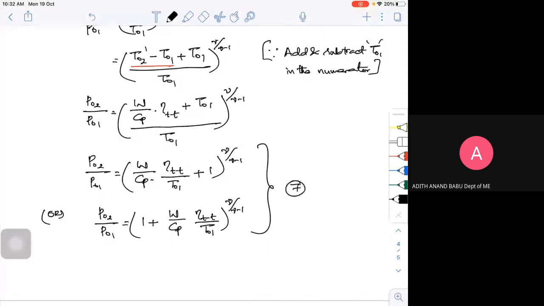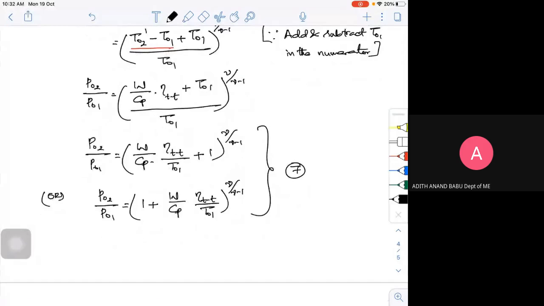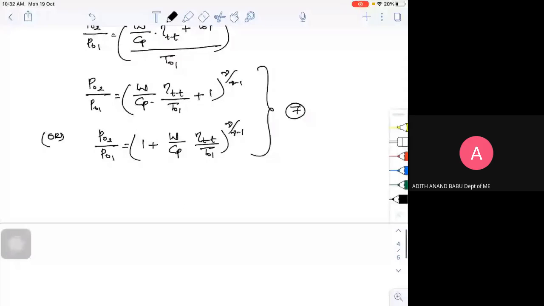So what is W? W is the work done. Substitute for W from the Euler equation. We have derived the expression for pressure ratio. Can it be further simplified? Yes, it can be further simplified based on what we have available.